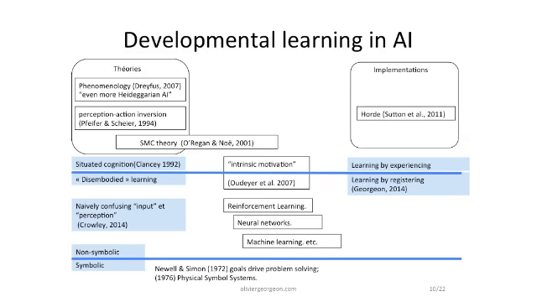On the implementation level, I can cite a few works. So there is the Horde architecture by Sutton and co-authors. And in the domain of cybernetic control theory, this is the domain about servo-control, proportional, derivative, integral systems.